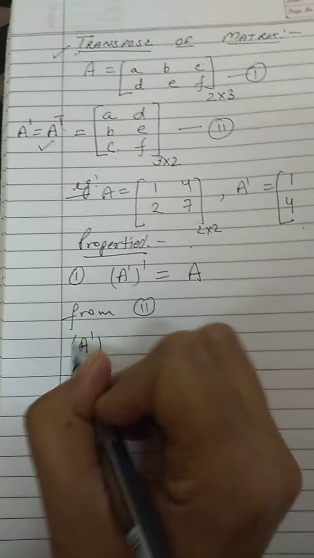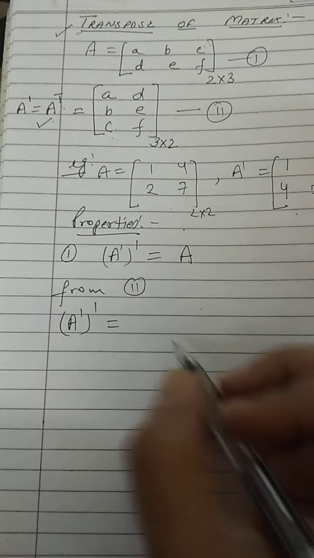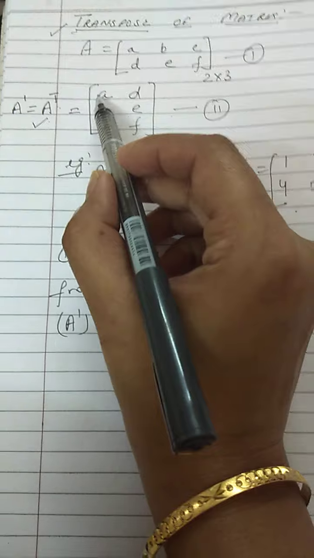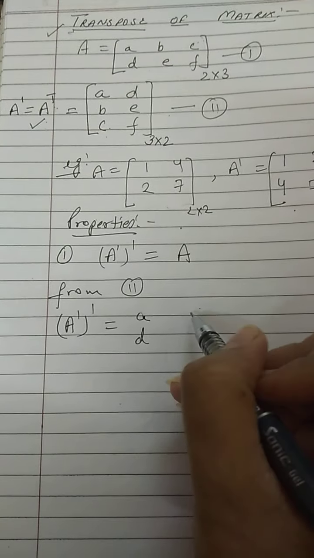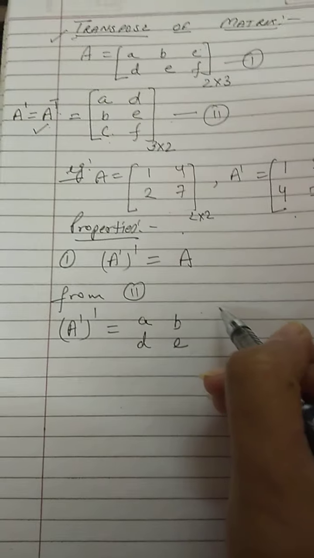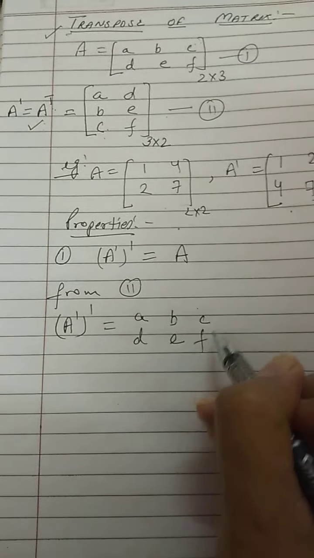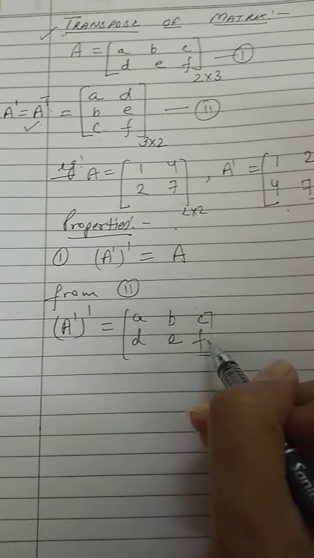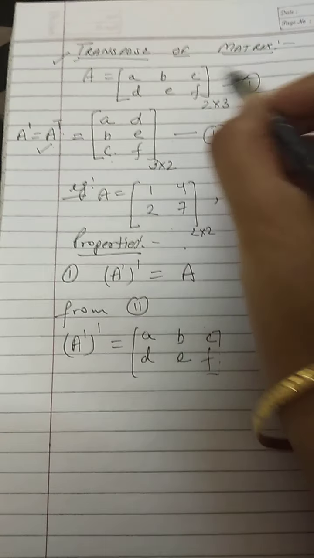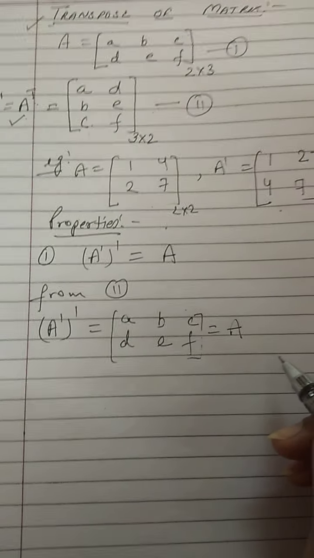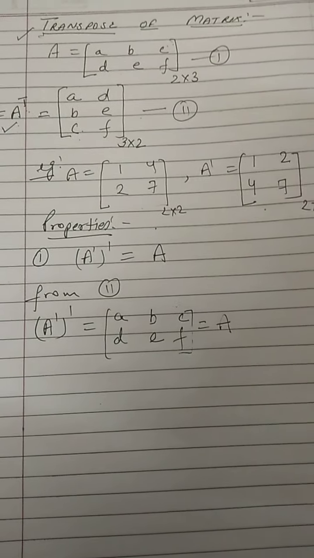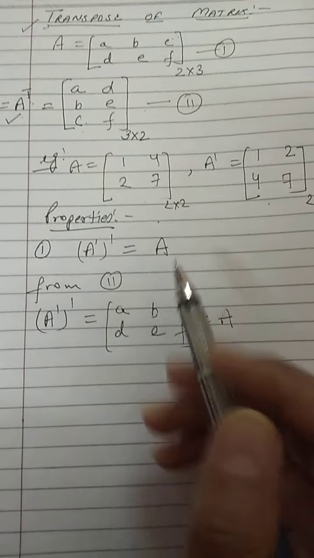When I take the transpose of an already transposed matrix, what will happen now? The first row will become the first column, the second row will become the second column, and the third row will become the third column. So this is nothing else but the original matrix that was written in the first equation, it is A, right? So when I take the transpose of the transpose, we get A, the original matrix, back.